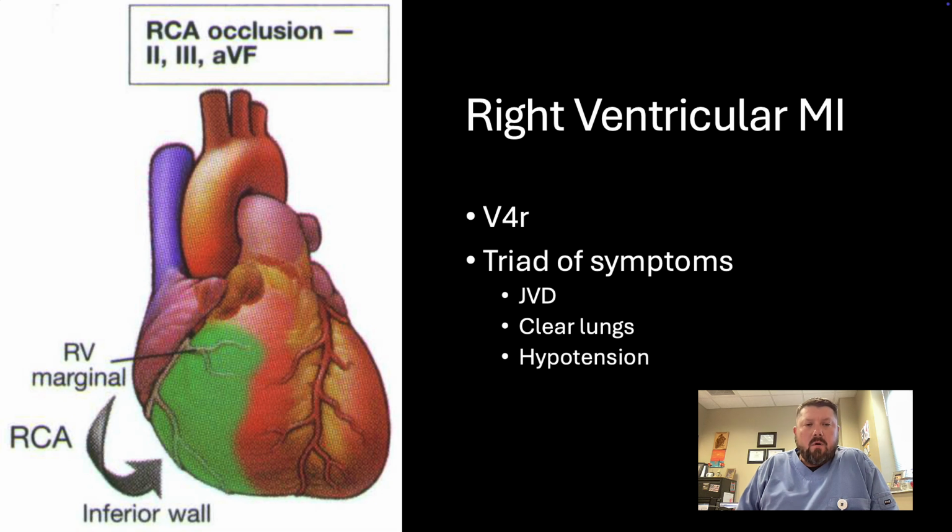We take V4 off, move it to the anatomic same location on the right side, and we run another EKG, making sure that we mark it V4R. And then we determine, are we having some signs and symptoms of right ventricular MI, which would be your signs and symptoms of right ventricular failure.